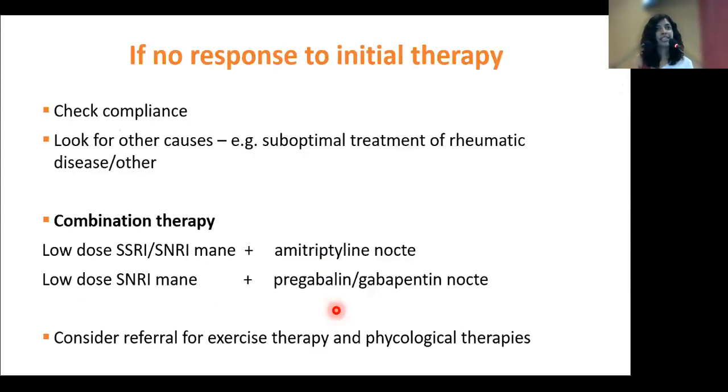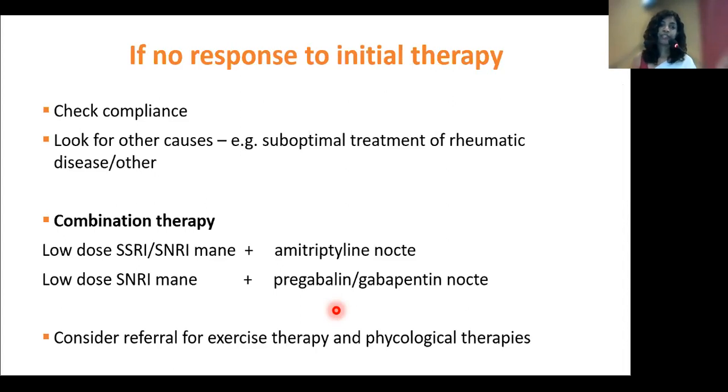And we do all this, and if there's still no response, number one, we have to make sure that they are compliant with whatever we have given them. And we have to look for any other causes that could be perpetuating this cycle of pain. And if monotherapy doesn't work, there is a place for combinations. We need to remember not to combine 2 tricyclics or 2 SNRIs.